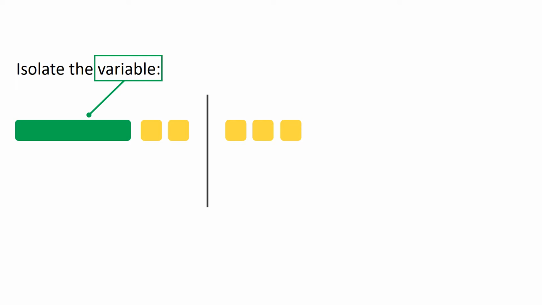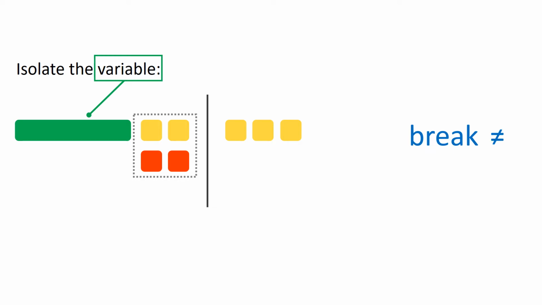And this is where our zero pairs work comes in. If we added 2 negatives, what we have there in that little set are 2 zero pairs. We refer to that step as the step where we break the equation, where the equation no longer is balanced.